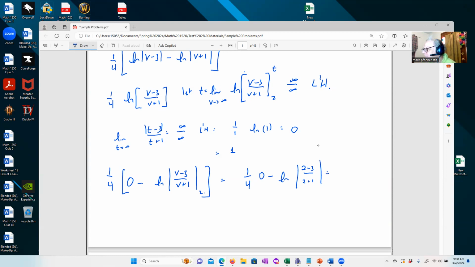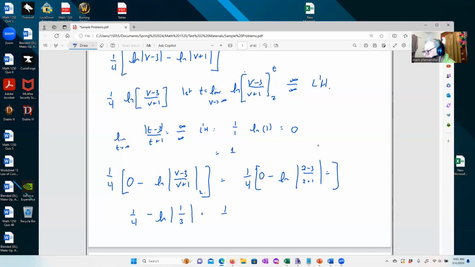So we're going to end up with 1/4 times 0 minus the natural log of, because we have an absolute value here, 2 minus 3 is -1, which turns into +1, over 3.